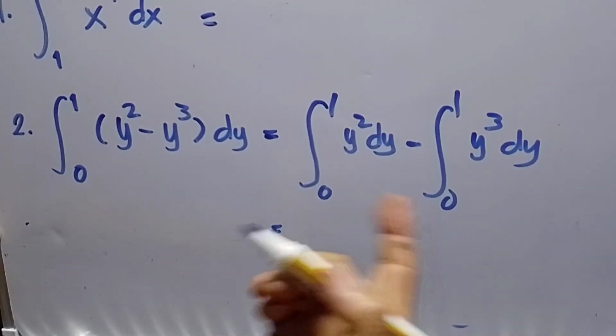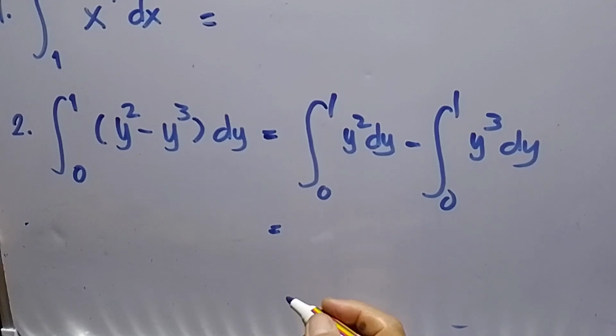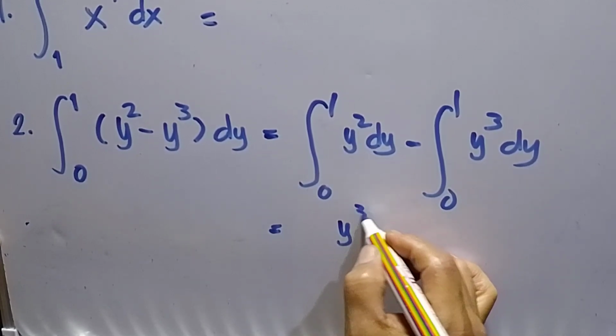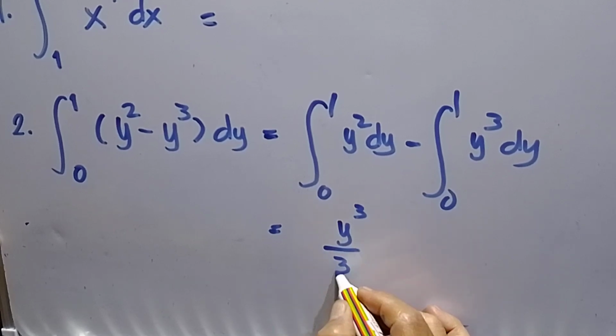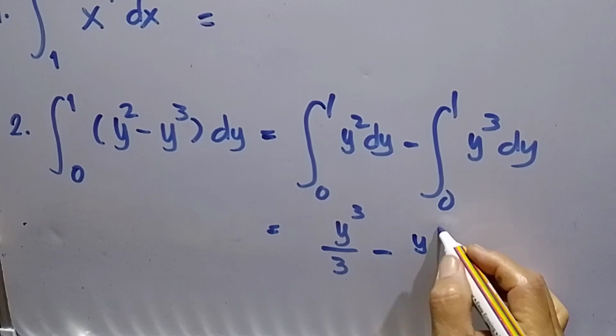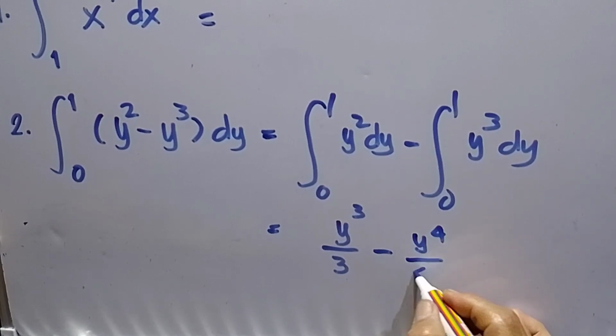Take note, in integration it is n plus 1 over n plus 1. So this will be y cubed over 3, and then y to the 4th over 4.